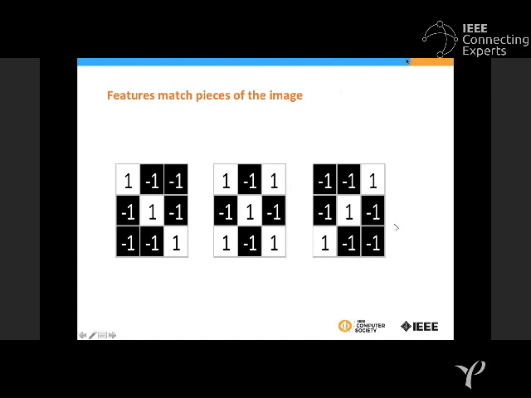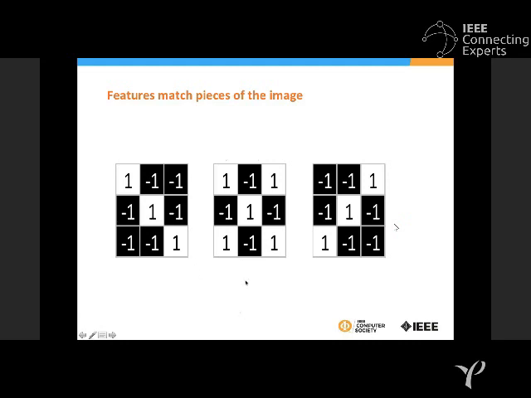Let us see what these three patches tell us. If we look at them a bit carefully, this particular patch has an affinity towards the pattern 111 in this direction.